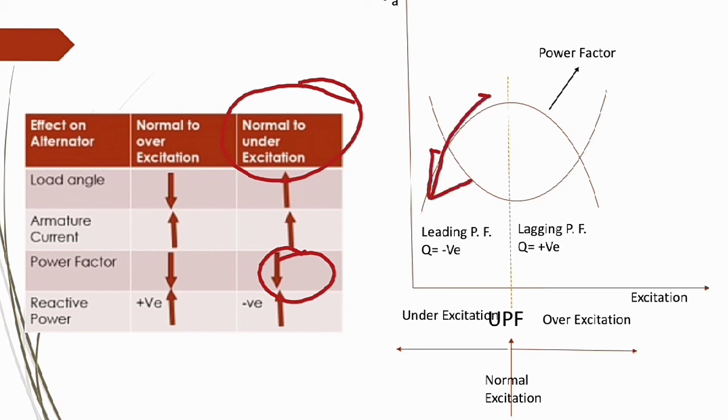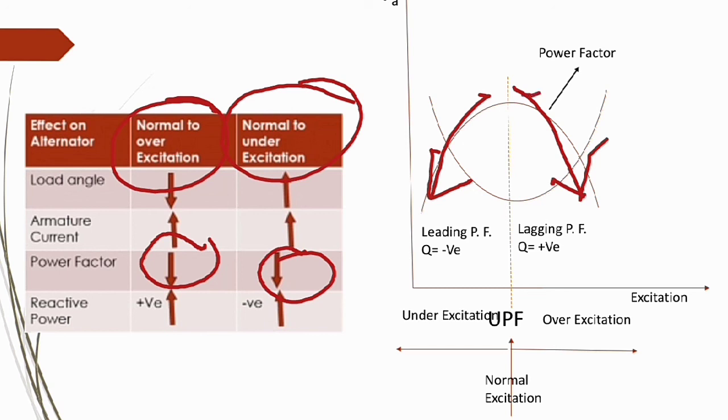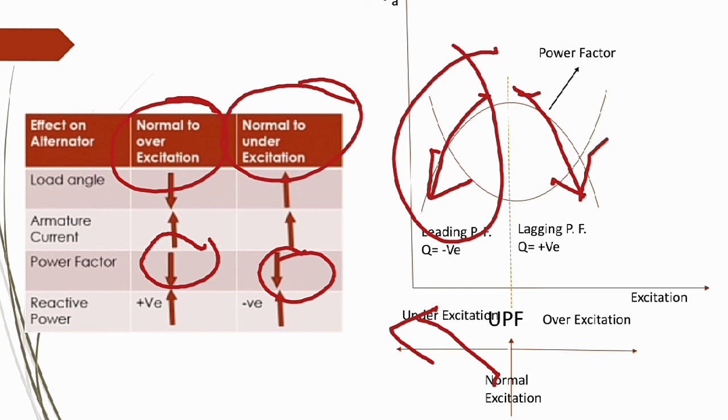And if we go from normal to over excitation, when we increase the excitation, in that case also the power factor decreases. So from normal excitation to under excitation the power factor is decreasing, and from normal excitation to over excitation the power factor also decreases.